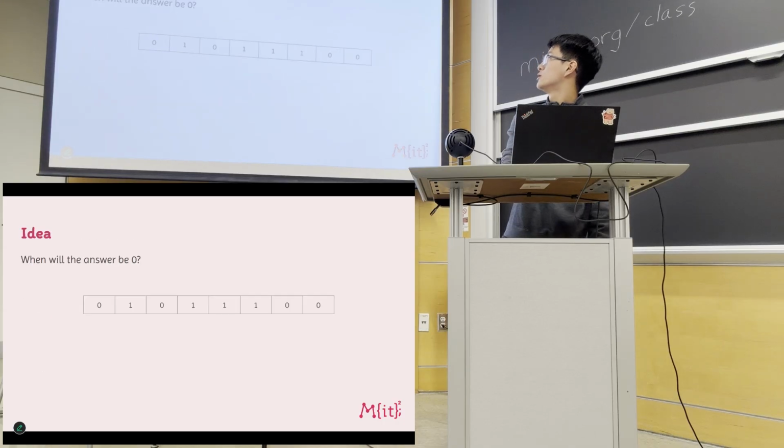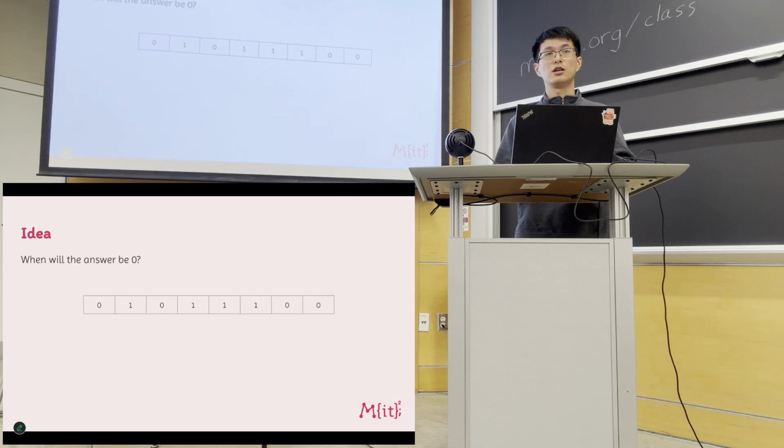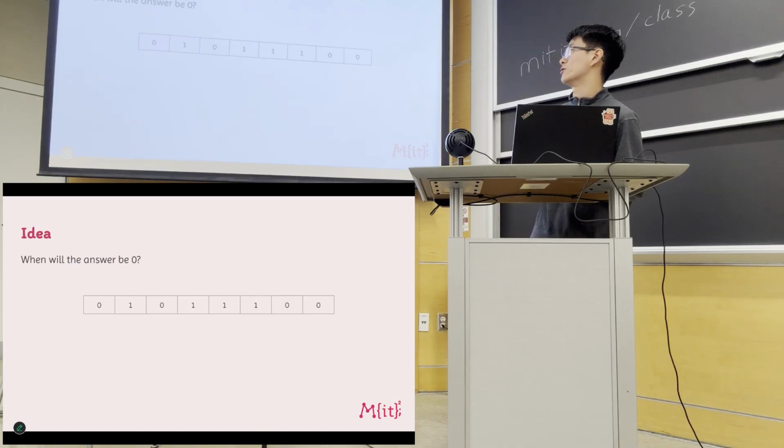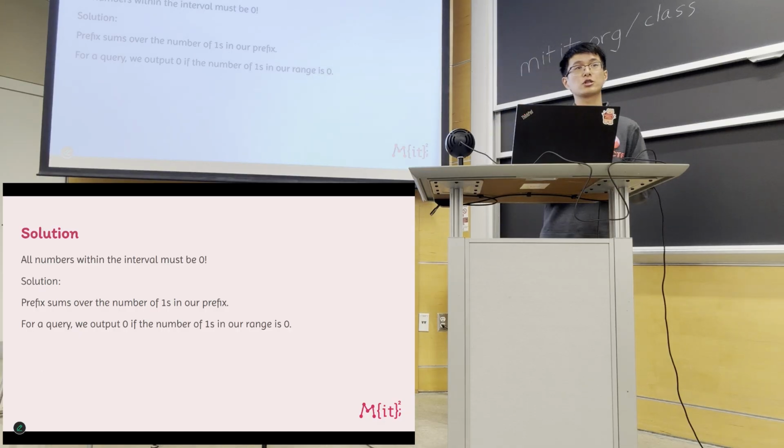So the basic solution idea, like you said, is that the answer will be 0 only if there are no ones in that range. So we can construct a prefix sum array like normal. And every time we do a query, we look at the prefix sum in that range.